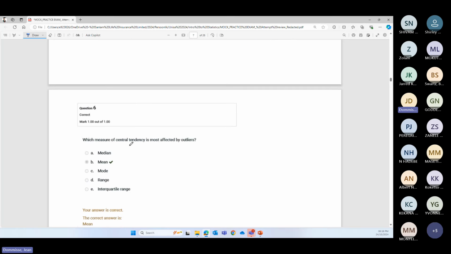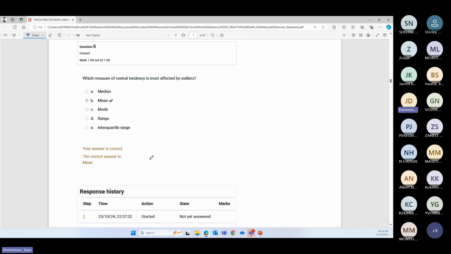Okay, so let's see. Okay, some theory question. Which measure of central tendency is most affected by outliers? Okay, so first, measures of central tendency: there's only 1, 2, 3. That one is not. That one is not central tendency.